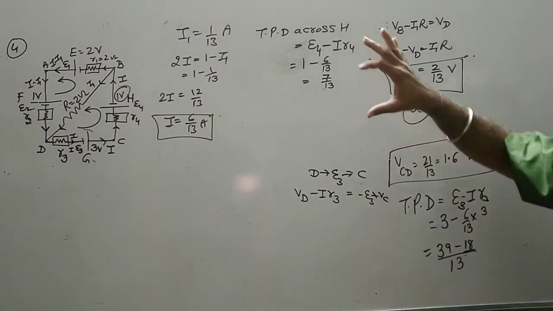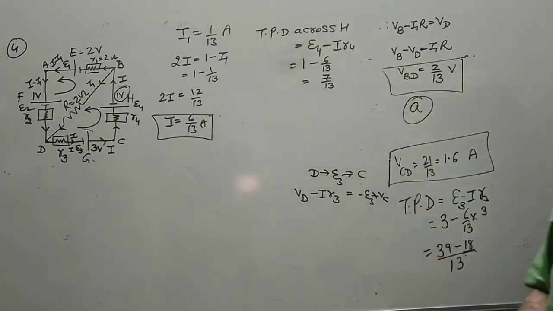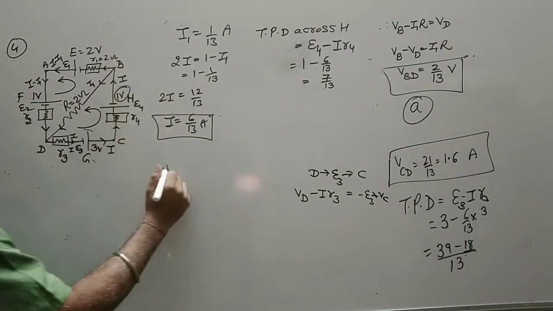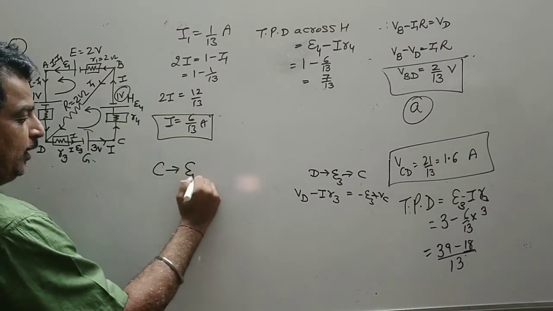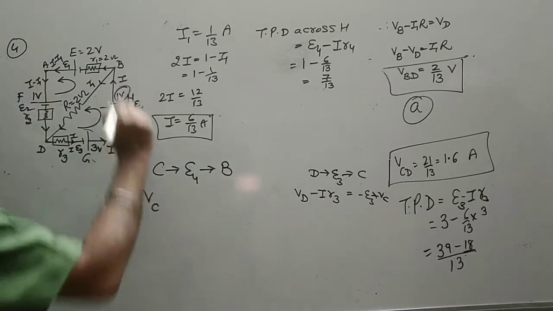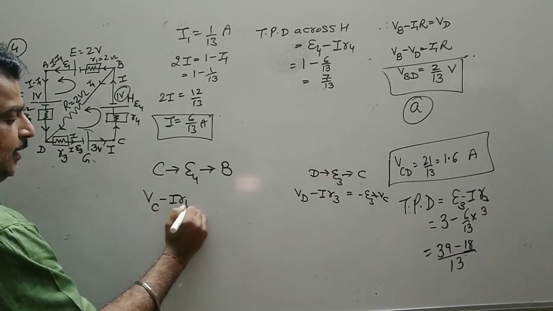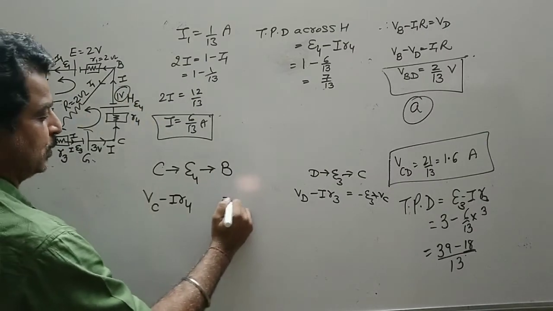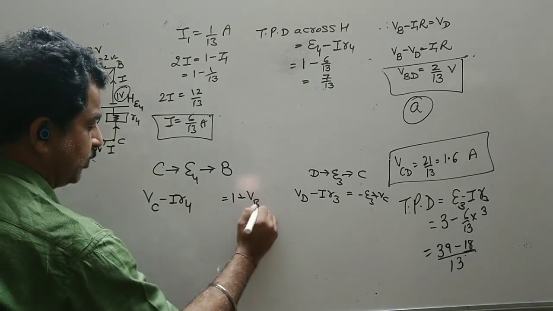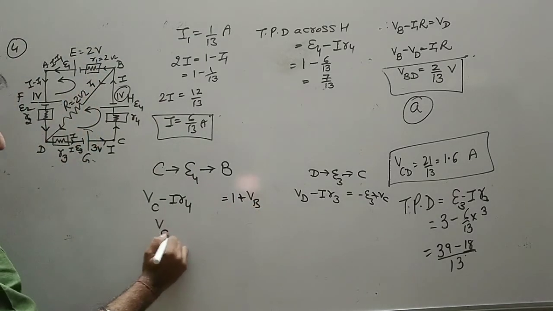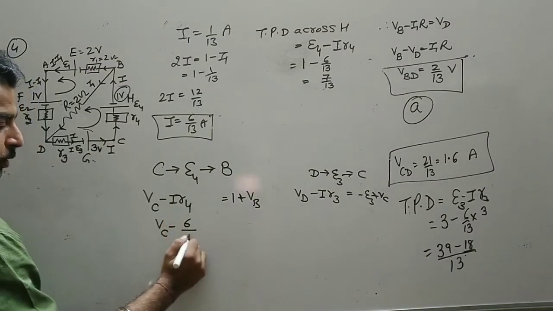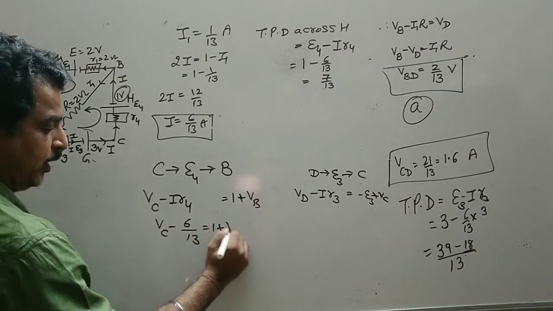But what is the error for this? Suppose I apply the Kirchhoff law from C to B, say C through E4 to B. So VC, in the direction of current, minus I R4. I come across the positive terminal, so plus 1, and then plus VB. So VC minus I, which is 6 by 13, times R4, which is 1, plus 1, equals VB.